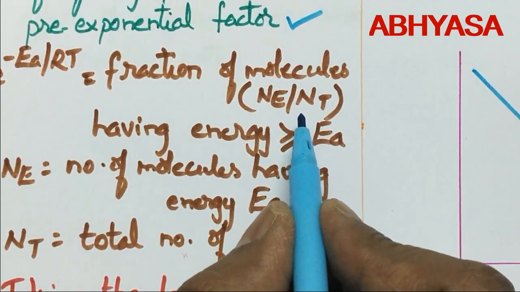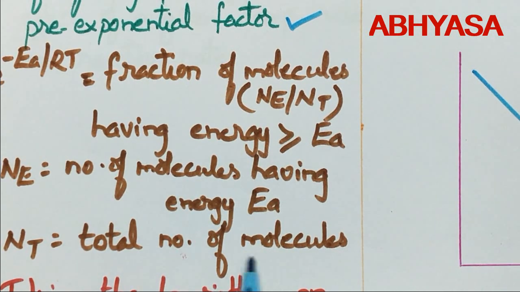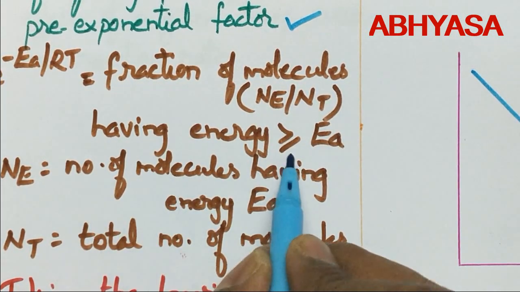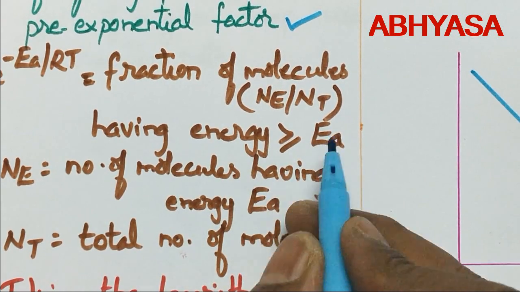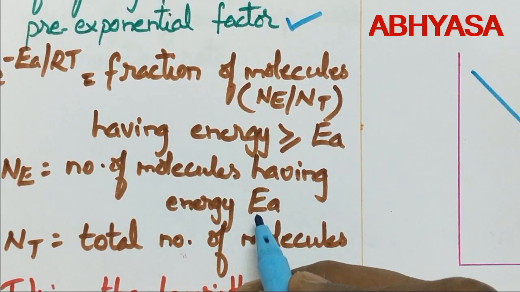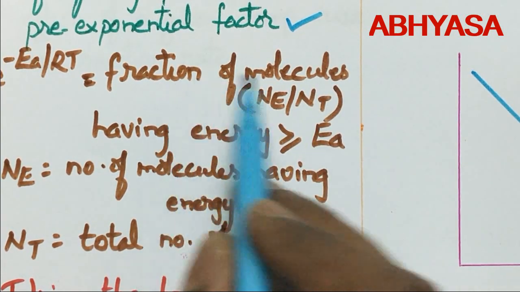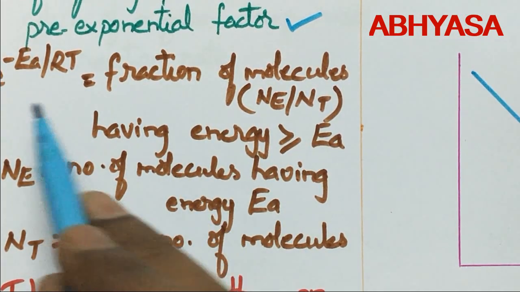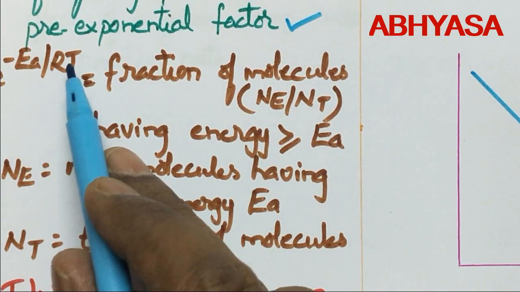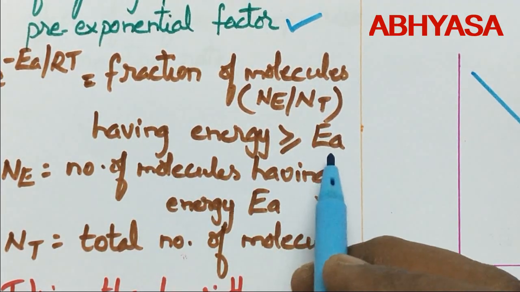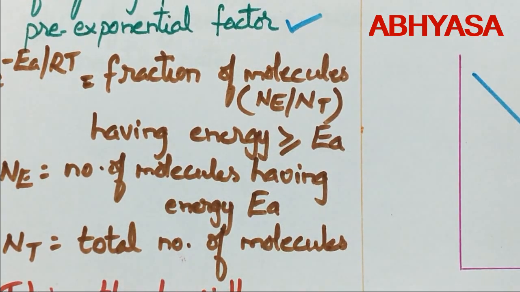Here Nt indicates the total number of molecules, and Ne is the number of molecules having energy equal to or greater than activation energy. So Ne upon Nt represents the fraction of molecules, and e to the power of minus EA by RT represents the fraction of molecules having energy equal to or greater than activation energy.